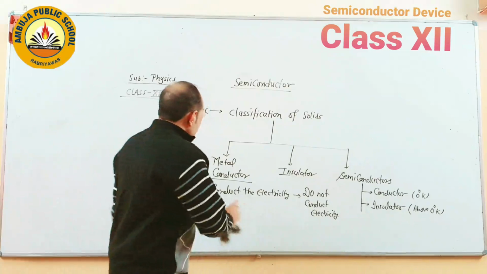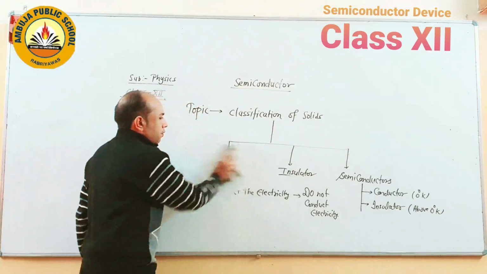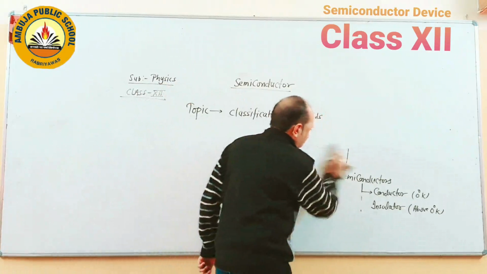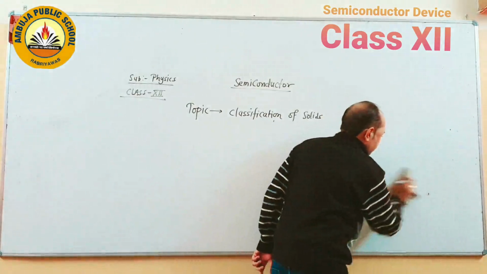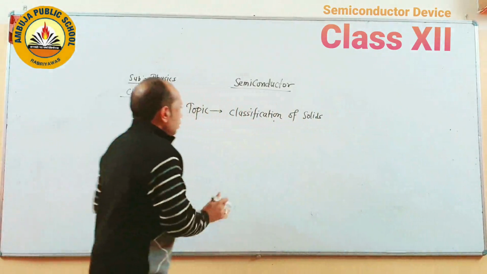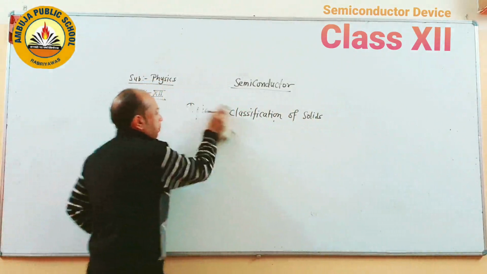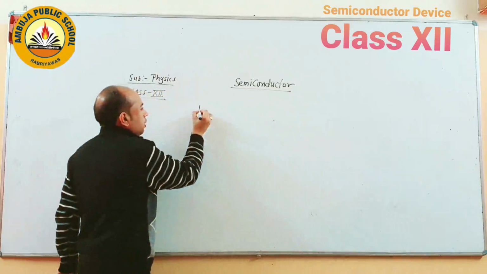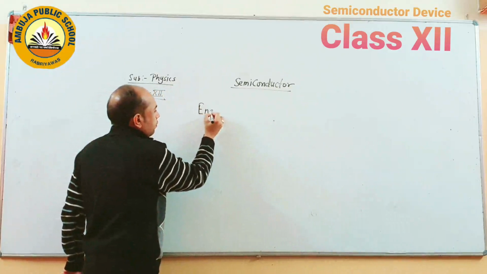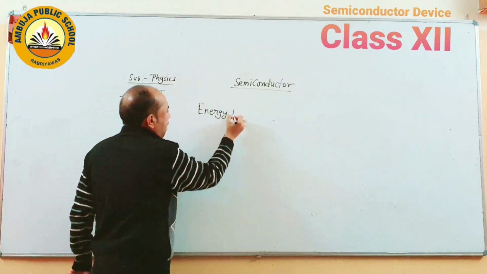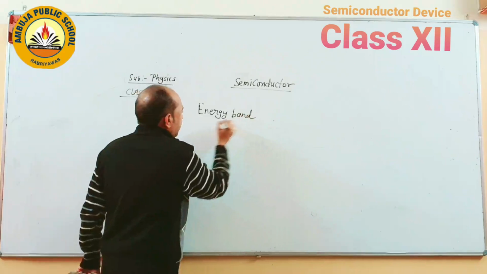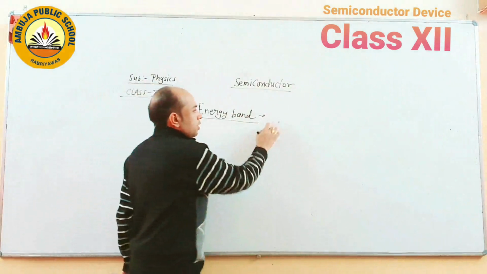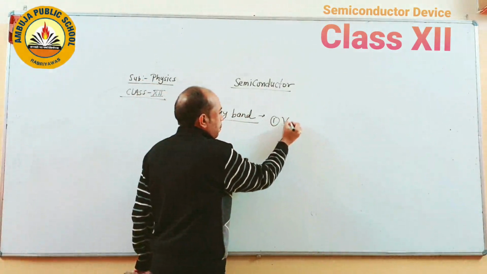Okay. So on the basis of energy band gap, we have to classify this. If we talk about the energy band gap, in order to understand the concept of energy band, we have to first come with valence band.